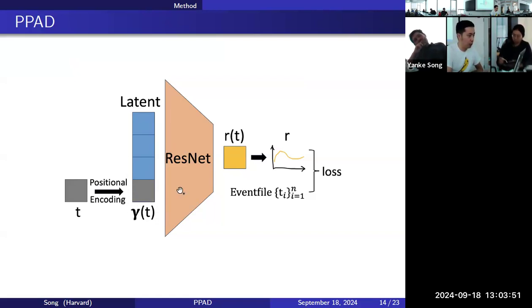You feed them into the ResNet. It outputs a single value, which is the lie curve value at this time t. That's for a single t. Now you can sample many t, which gives you a lie curve. And now you compute the loss function between this lie curve and the event files.